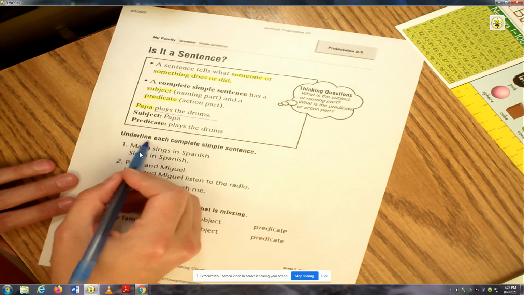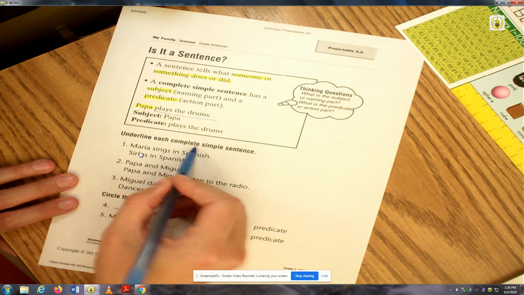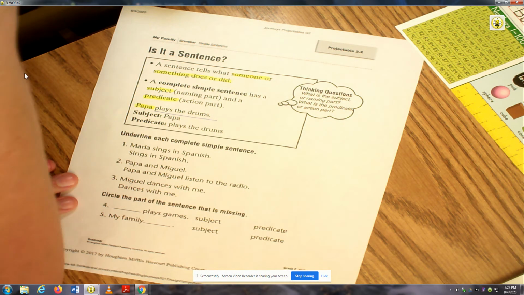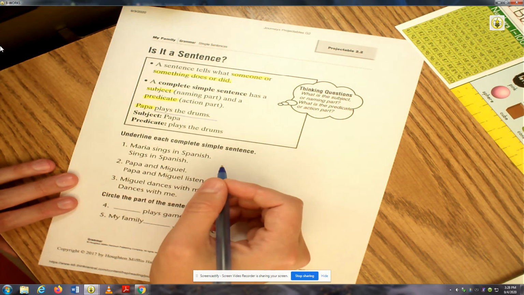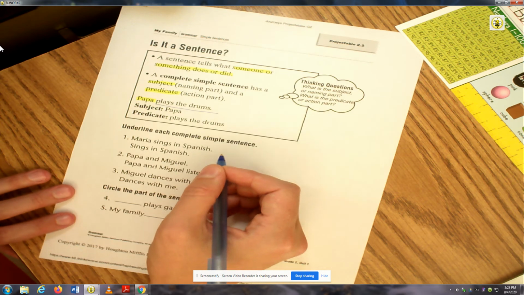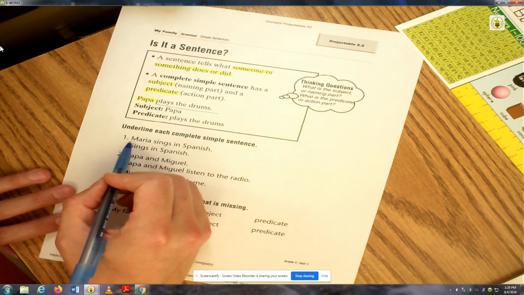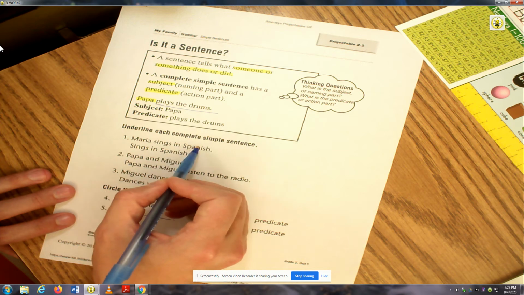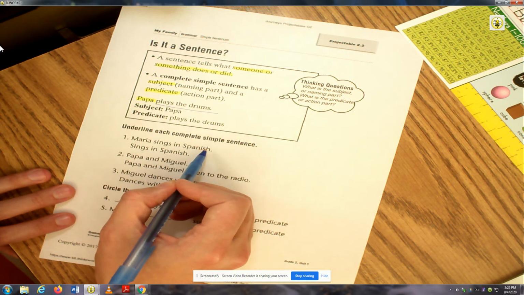We're going to underline each complete simple sentence. And then we're going to talk about what makes them complete. Let's look at number 1. The first sentence says, Maria sings in Spanish. Who thinks they know what the subject of that sentence is?